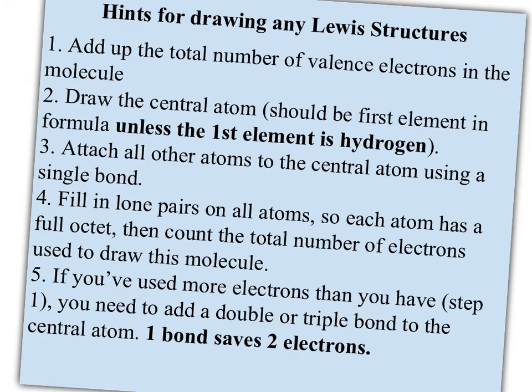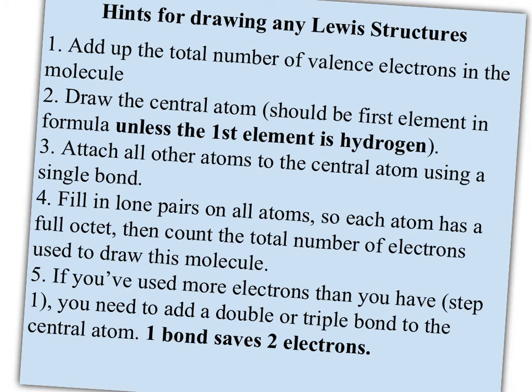So a simpler method, I think, is to use this strategy here. What I like to do is I add up the total number of valence electrons in the molecule. So I look at each atom and see how many valence electrons each one has. Then I draw the central atom. It should be the first element, unless of course it's hydrogen, then look at the second element.